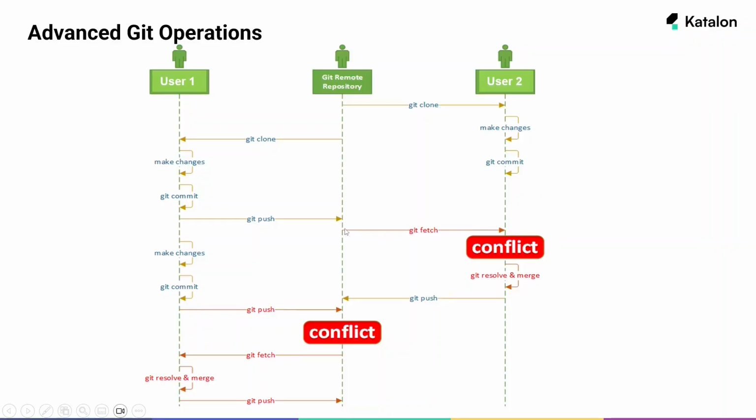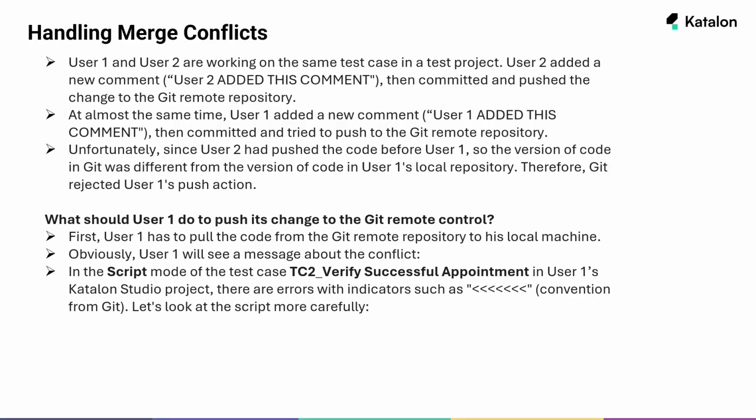He has to first fetch all the changes from the remote repository. Once he fetches, he will be able to see user 1's changes as well as his own changes. Then he has to resolve those conflicts and push the changes to the remote repository. So this is how the conflict resolution happens. Now let us go to Katalon Studio and see a real-time example.